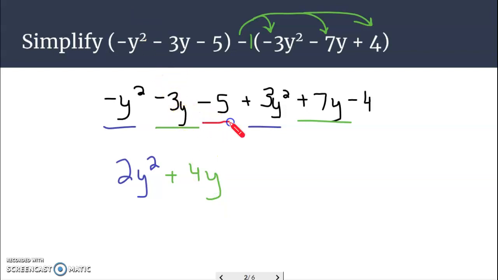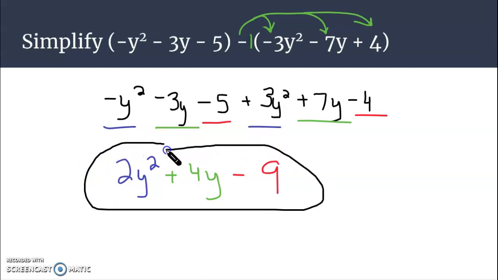And we have a minus 5 and a minus 4 to make a minus 9. Final answer, 2y squared plus 4y minus 9. Notice you can't add or subtract like terms. They have to be the same variable, but they also have to be the same exponent.